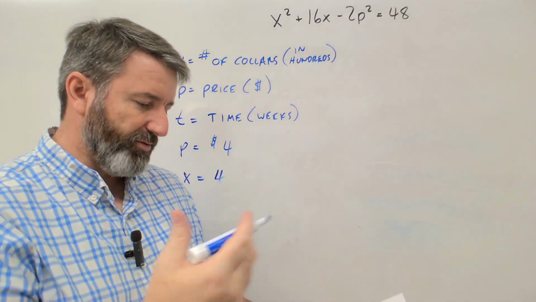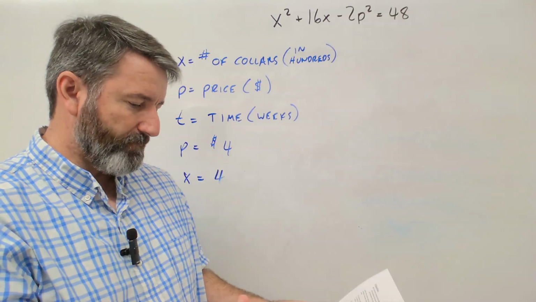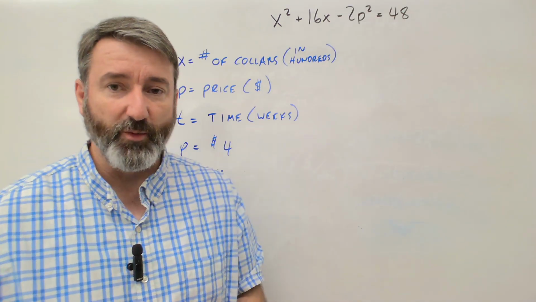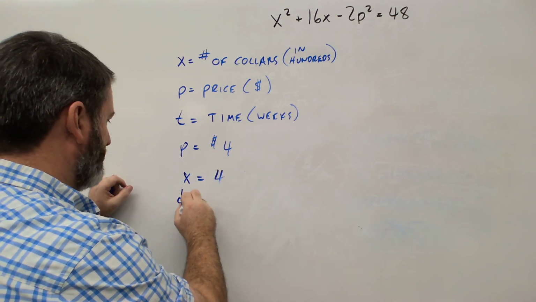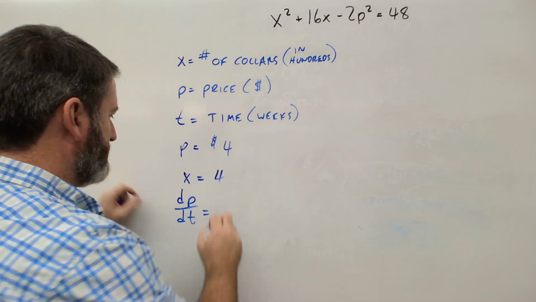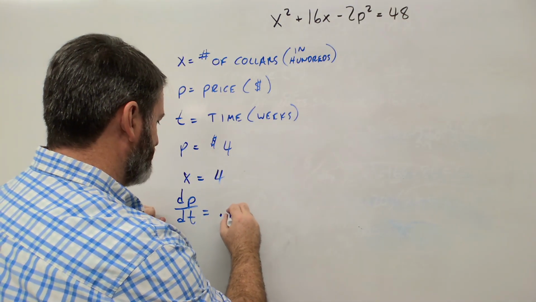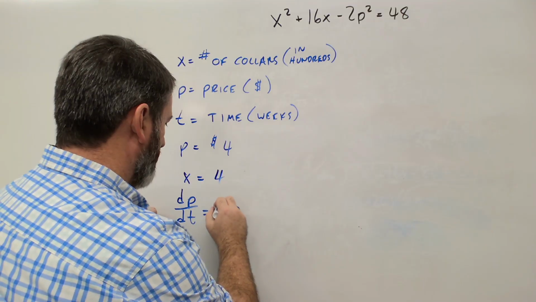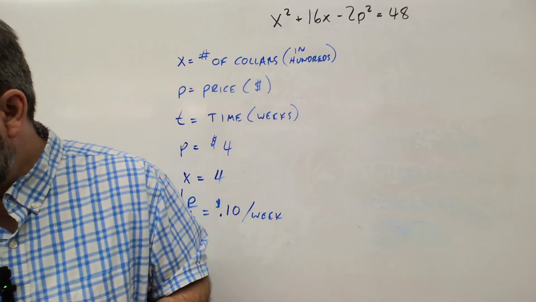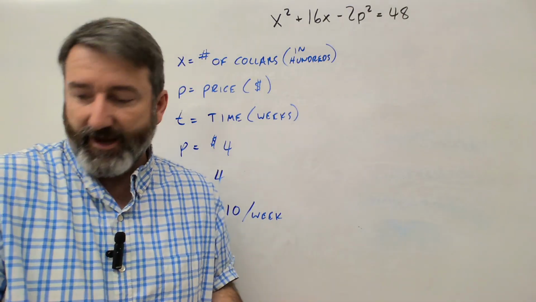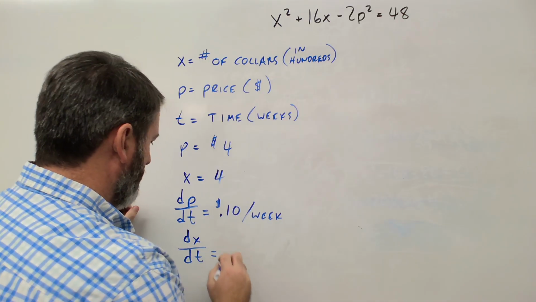We're given that the price per collar is changing at 10 cents per week. So the price is changing with respect to time. So dP over dt is going to be 10 cents, so 0.1 dollars per week. And then we're asked to find what dX over dt is.